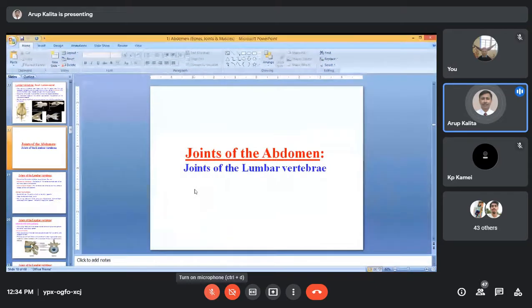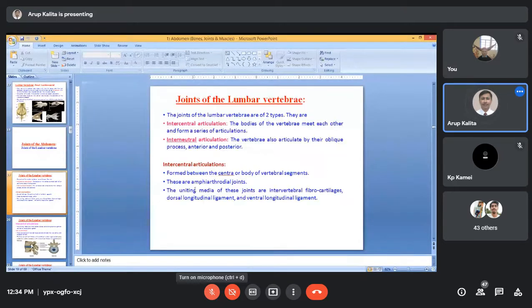Now, whatever we have discussed about the joints of the thoracic vertebrae, that is the same. Just for revision, I am telling. Same thing in the thoracic vertebrae, same thing in the lumbar vertebrae. But first, I will show you once again so that you can recall the things. So joints of the lumbar vertebrae.